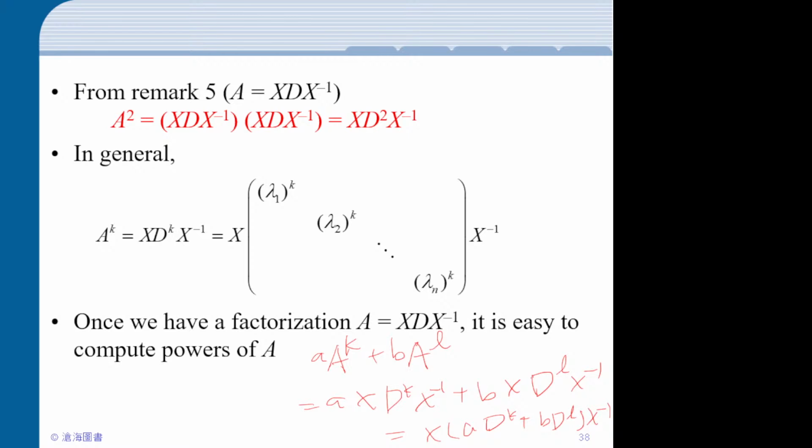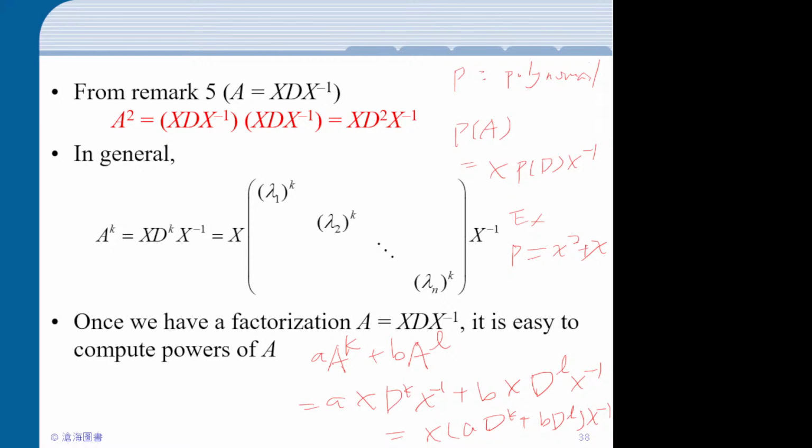And so in general, if you have P as some polynomial, right? If you combine this result and the previous result, then you see that you have some polynomial of A equal to X, this polynomial of D, X^{-1}. Okay. So for example, you can have P equal to x squared plus x.